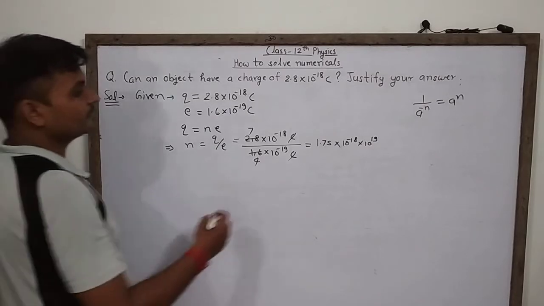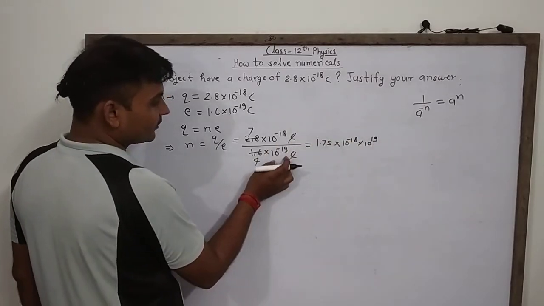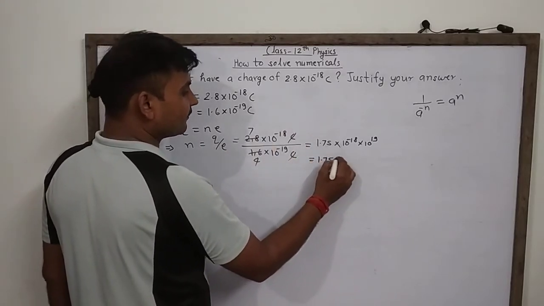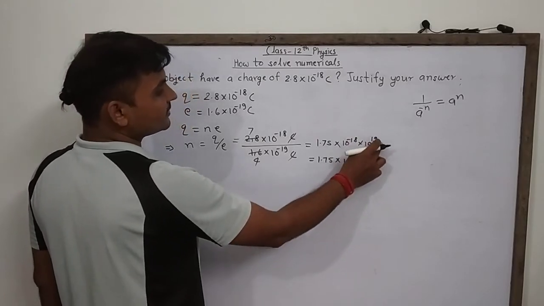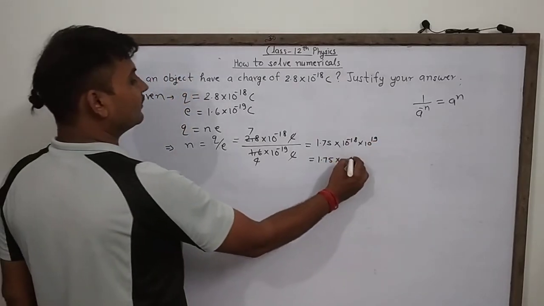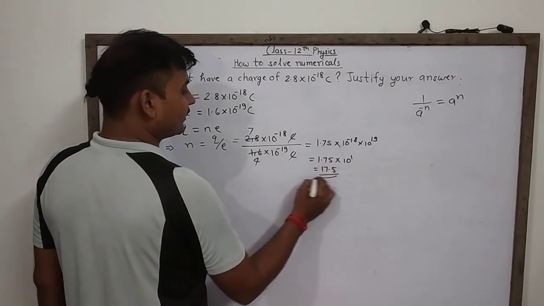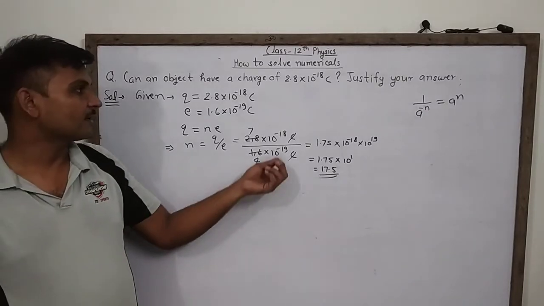Here we see that minus 19 is plus 19 when it goes to the numerator. Then we find 1.75 into 10 to the power minus 18 plus 19, that means 10 power 1, which is equal to 17.5 number of electrons, deficient or excess.